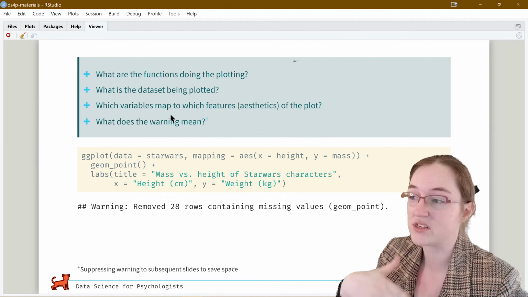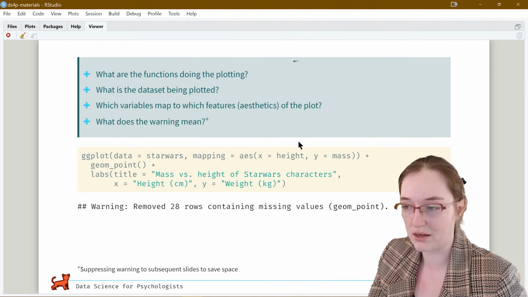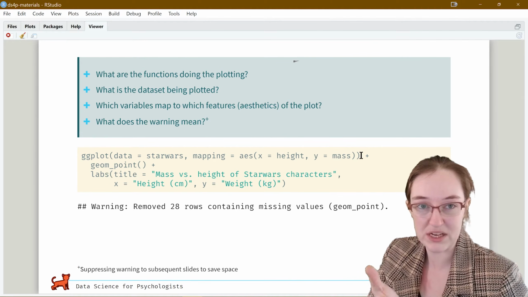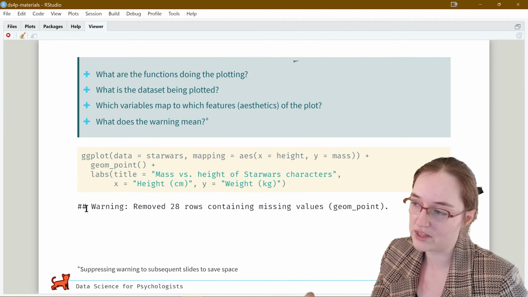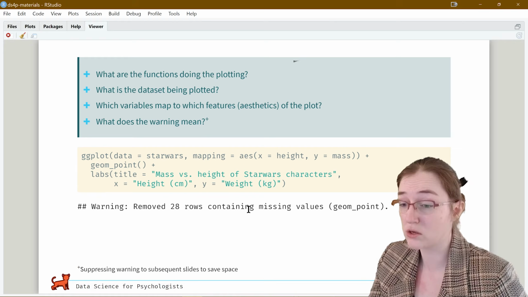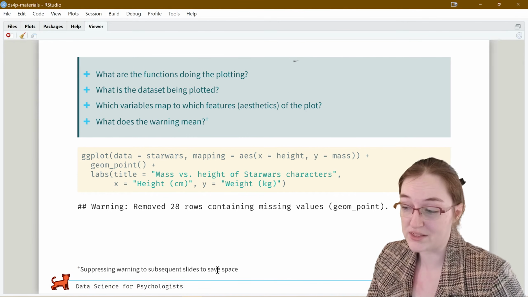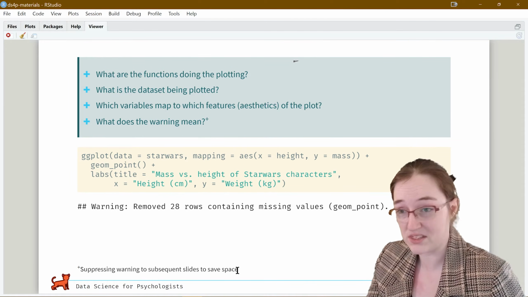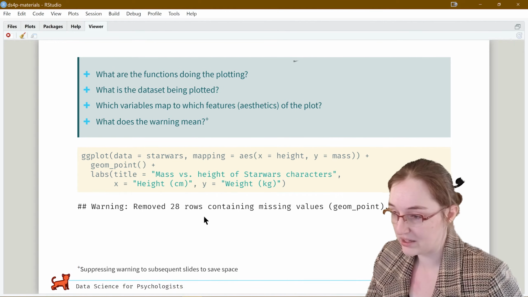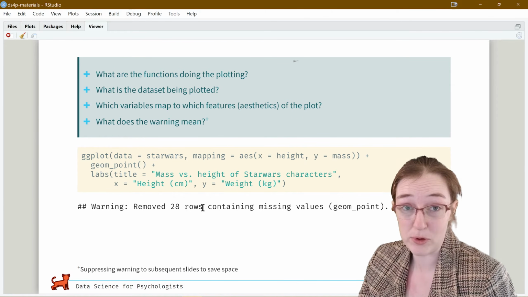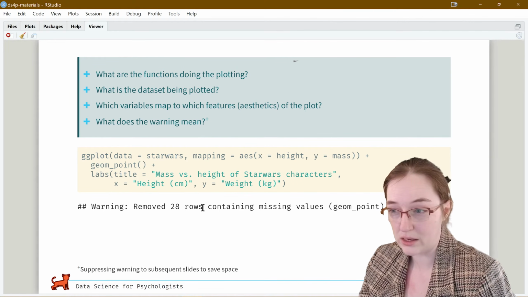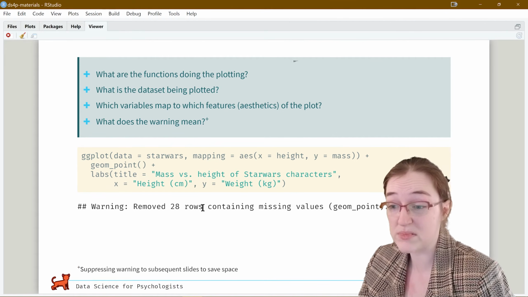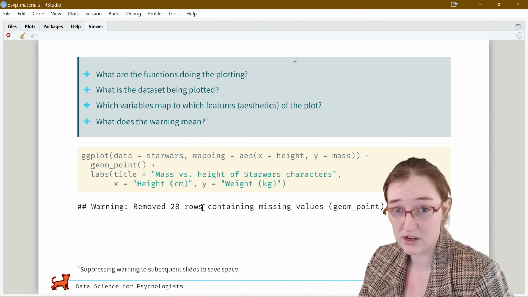What variables map onto the features, the aesthetics that we're going to be plotting? That's what the mapping is. The big ideas. And then we can move ahead and ask, what does the warning mean? We're going to suppress this because I literally don't have the space on the slides. But it's always good to know what the warning is for. Essentially, this means that 28 rows of our data are missing either height or weight, likely height or weight.